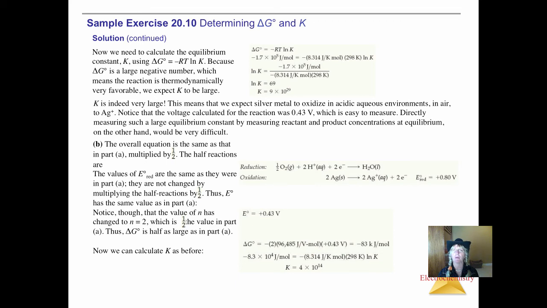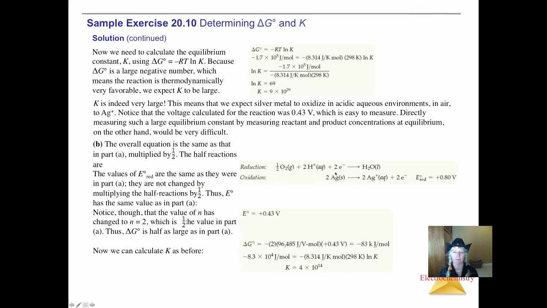And I forgot what it was up above. That's our delta G somewhere up in, let's go back. Oh, up here. Negative 1.7 times 10 to the 5th joules, or negative 1.7 times 10 to the 2nd kilojoules. And so that's why this number is half of the original delta G, because you have half the number of electrons flowing.